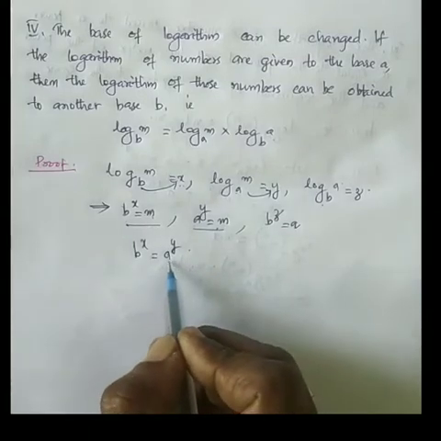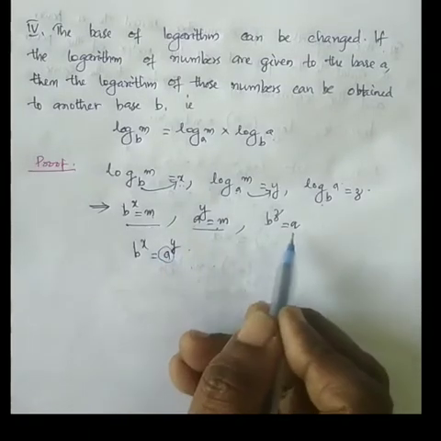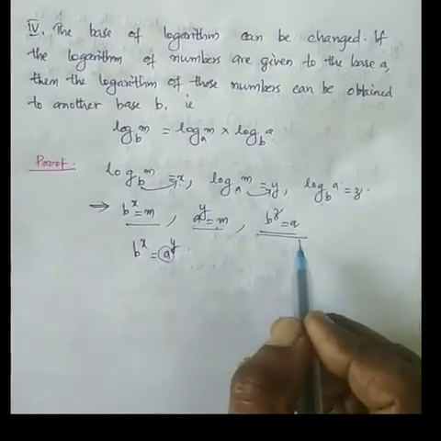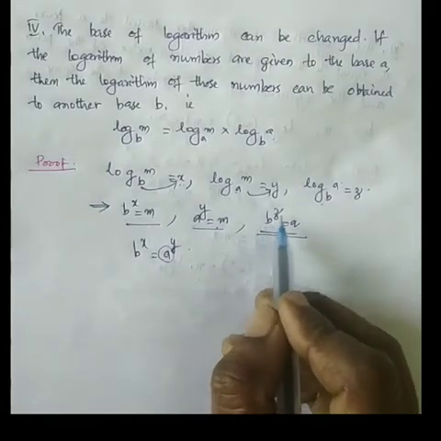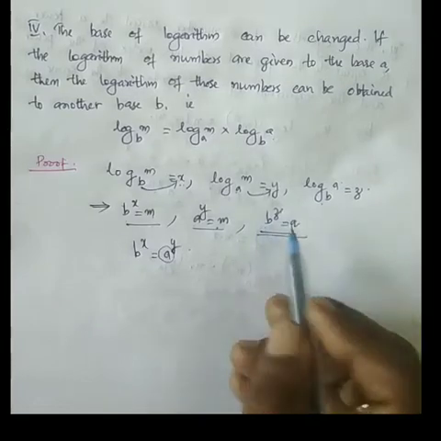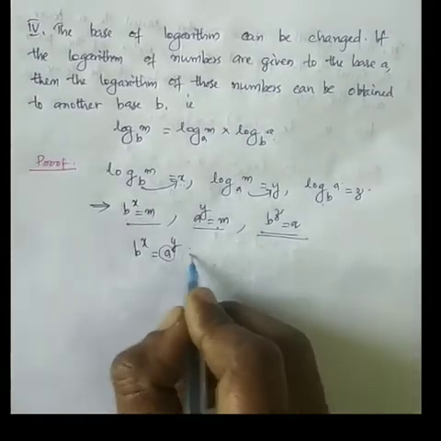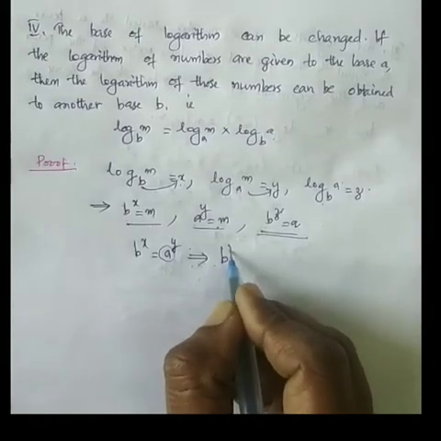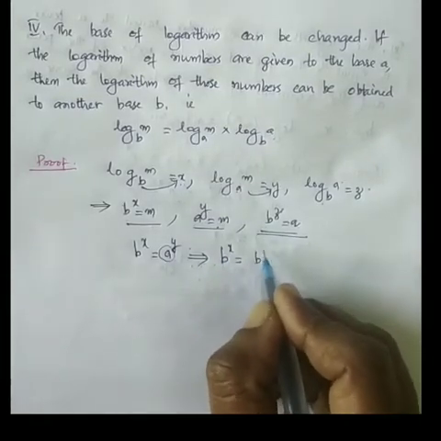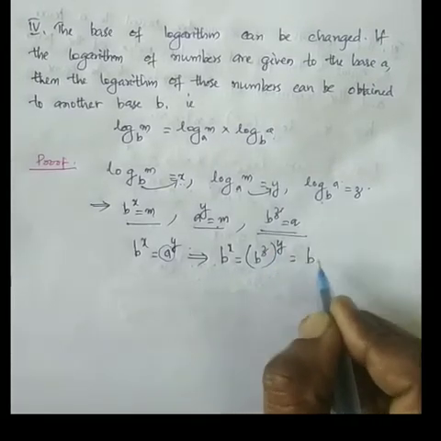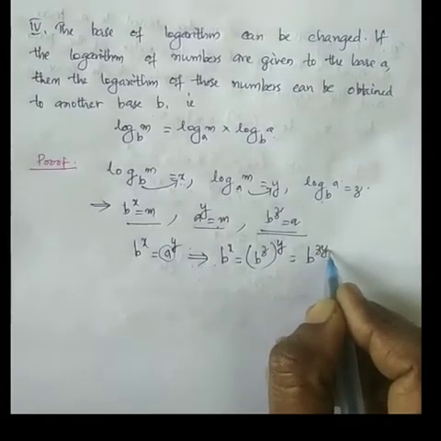Now see, this a can be written as b raised to z, or from this equation we can write a equal to b raised to z. So this becomes b raised to x equal to (b raised to z) raised to y. That is b raised to zy.